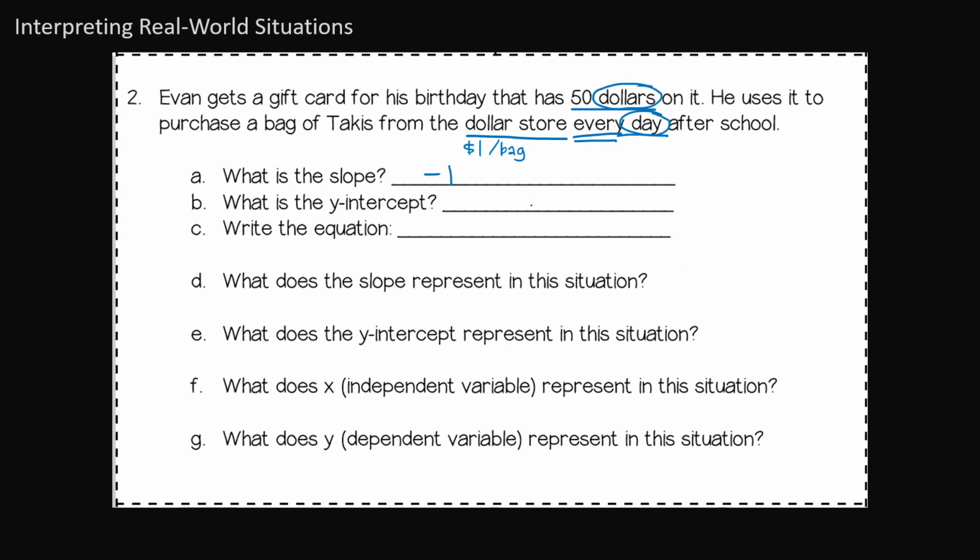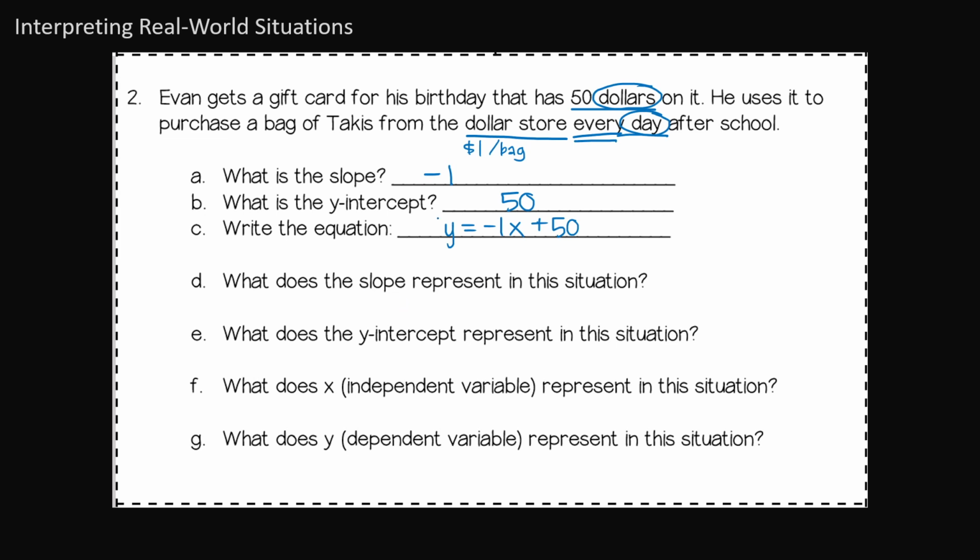The y-intercept is the starting point. This gift card has a starting value of $50. That's the y-intercept. The equation then, y equals slope times x plus y-intercept: slope is -1, y-intercept is +50. So we start at $50, we spend $1 every day.